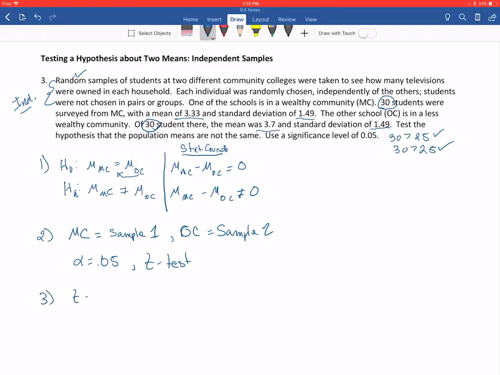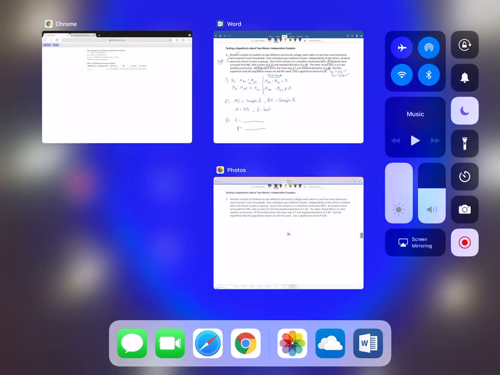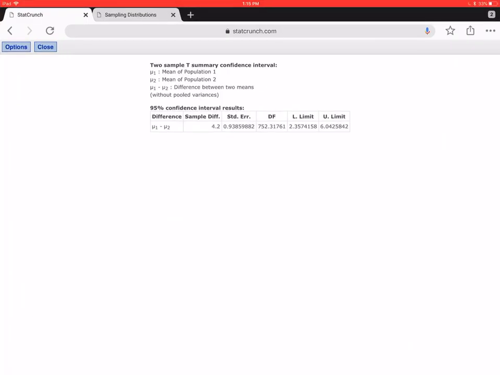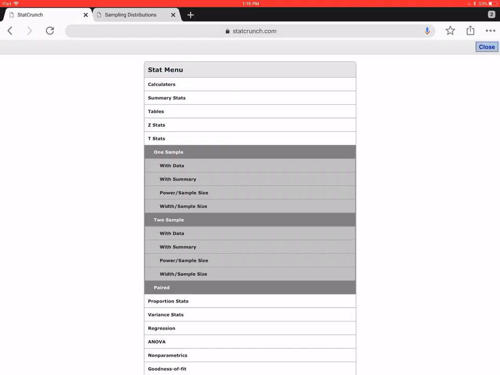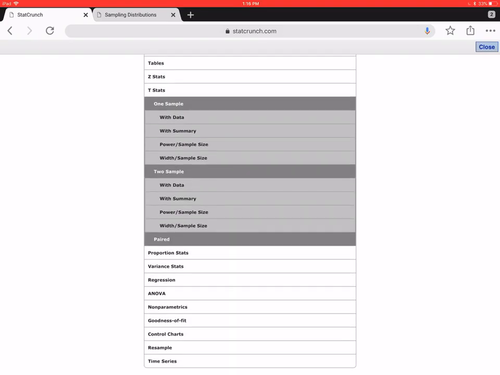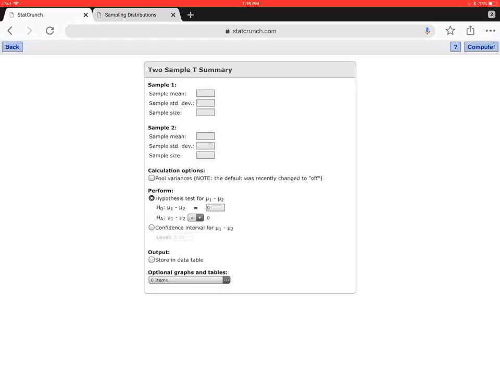Okay, so part 3 is to actually run that test and actually get our t and our p values. So we're going to need these numbers, the 30 sample sizes and the mean and the standard deviation of each one. We're going to need those in StatCrunch. So I'm going to pull this back up. So we're going to go into our 2 samples with summary.